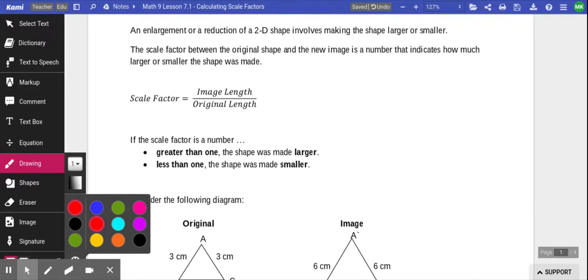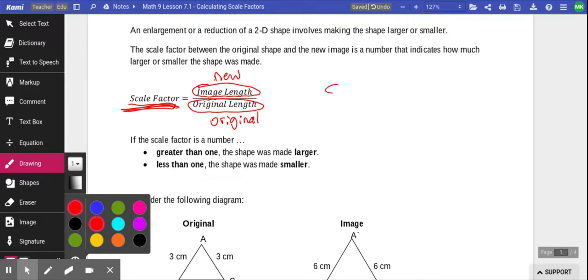The definition of a scale factor is it's a calculation to tell you how much bigger or smaller something's gotten. The calculation is that you take the image length, so that would be the new image, and you divide it by the original length, which is just the original.